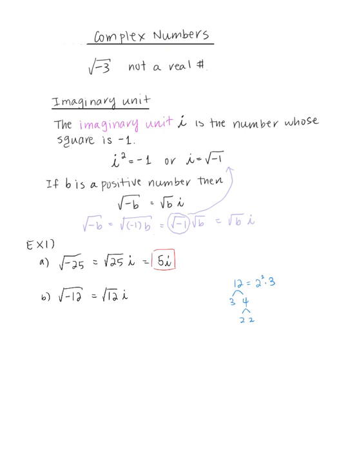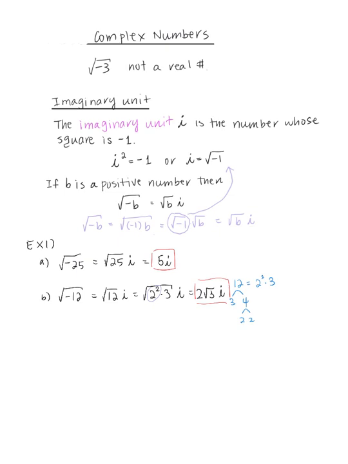This becomes the square root of 2 squared times 3, and then i is outside of the radical. Since 2 squared is a perfect square, this becomes 2 square root of 3 times i. And that's going to be the answer.